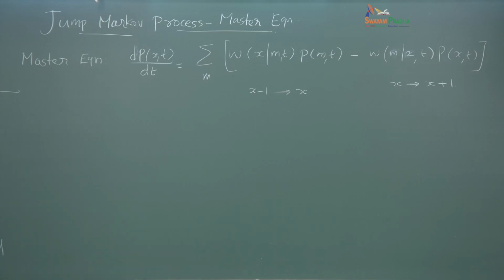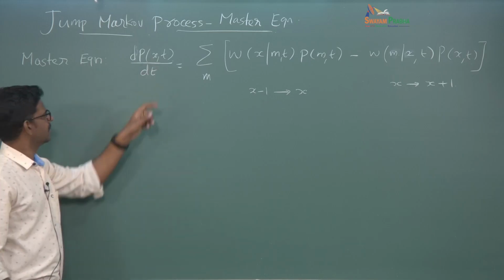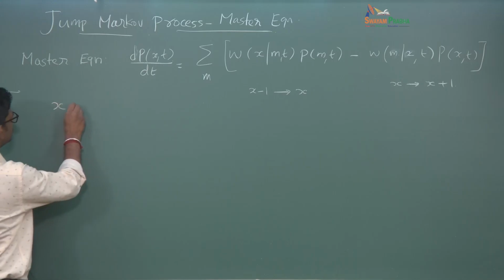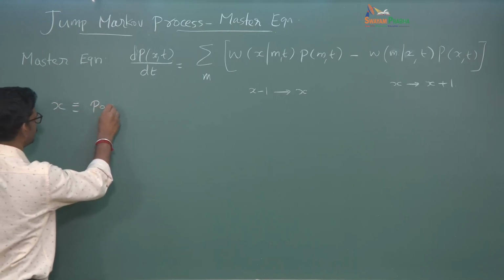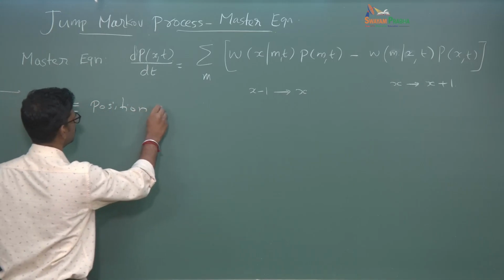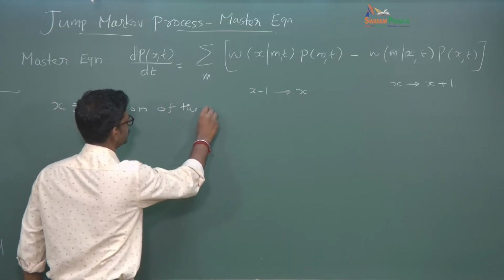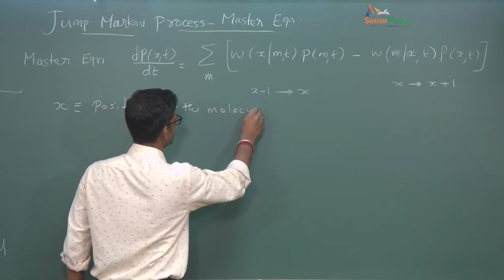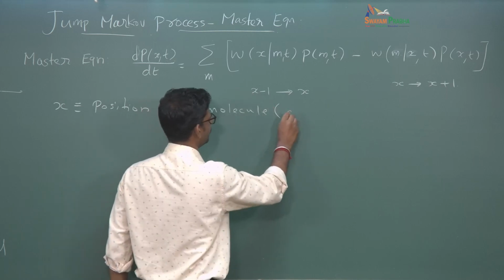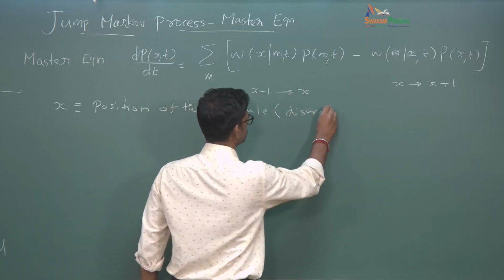And another thing you'll note here is I am using x here as the position. So this is the position of the molecule, and we use this as a discrete variable.